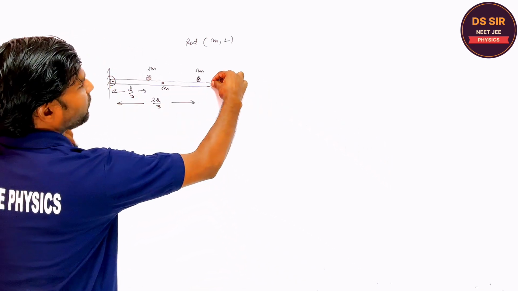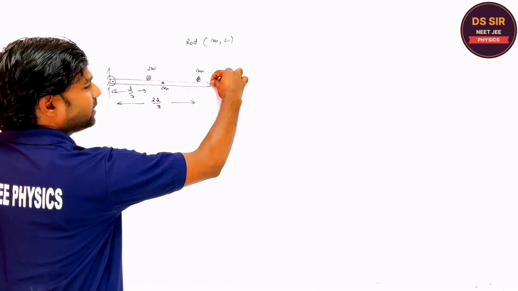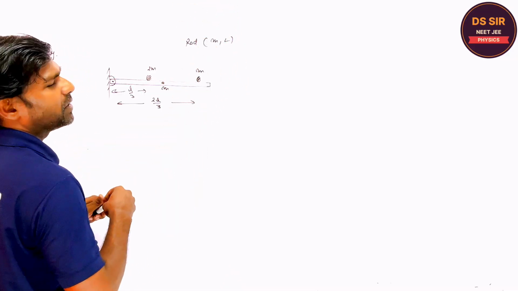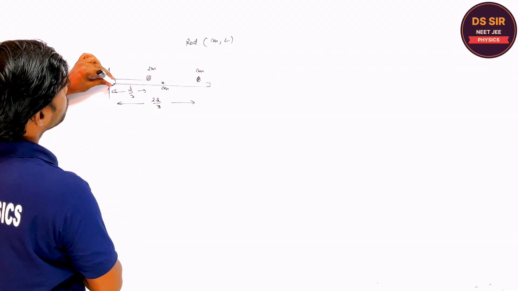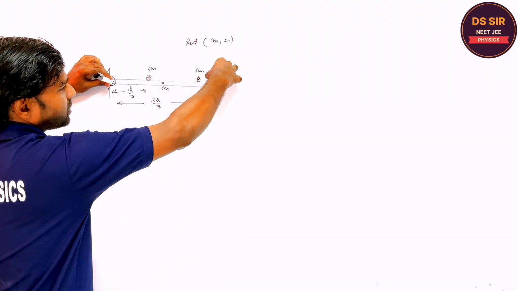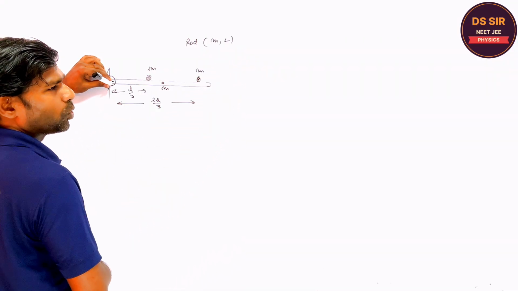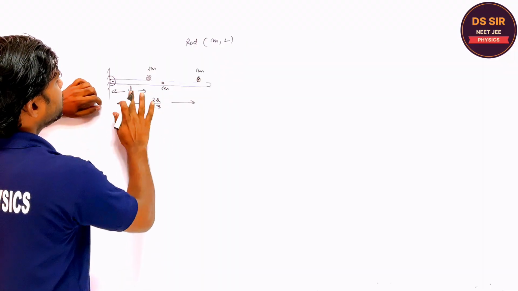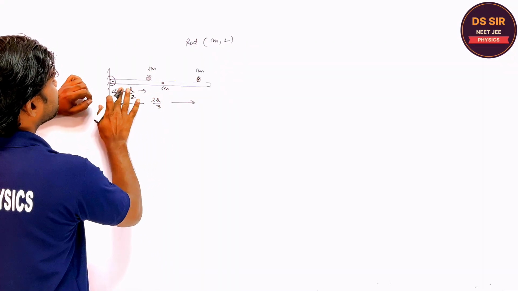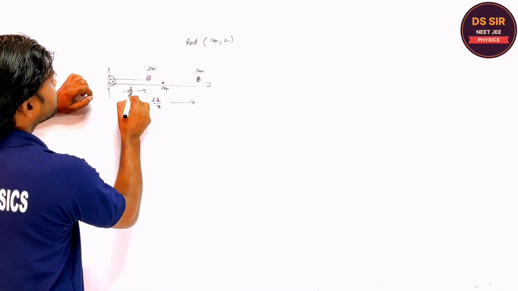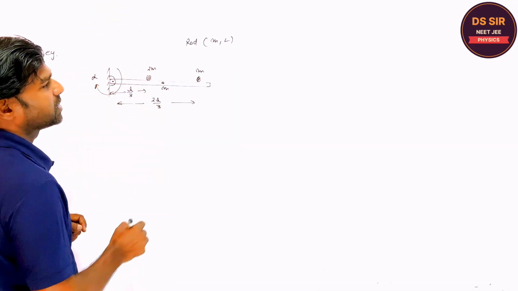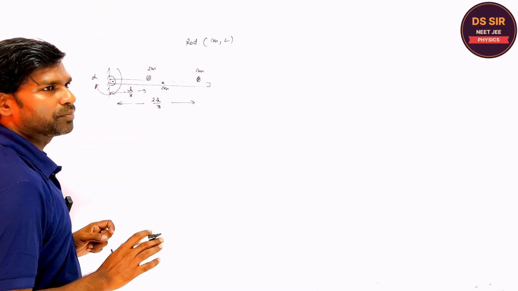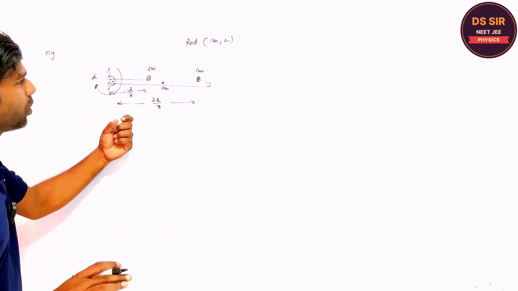What will happen? This is the horizontal axis of rotation and the system starts rotating about this. As soon as the system is released from rest, you have to find the angular acceleration. This is the question. Is it clear or not?